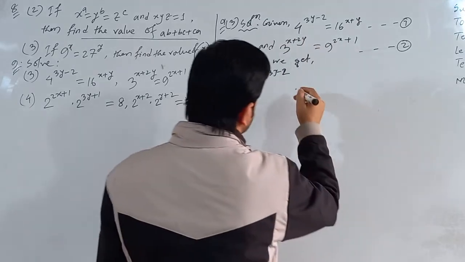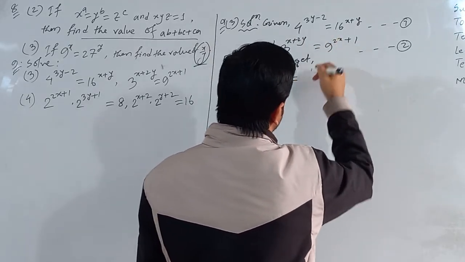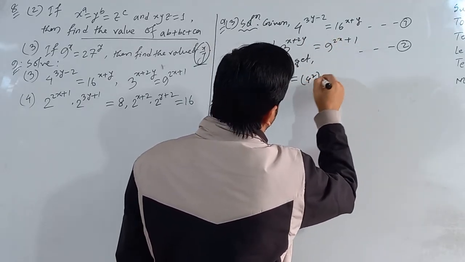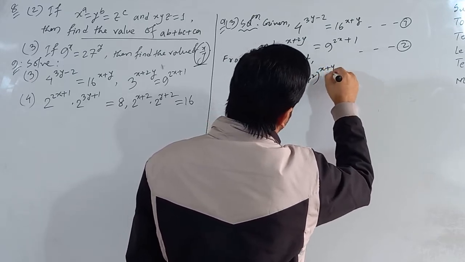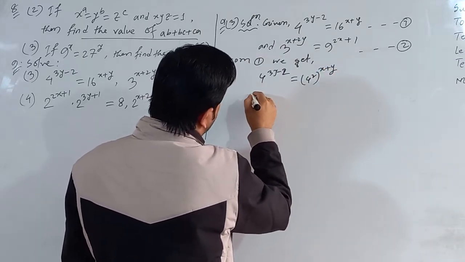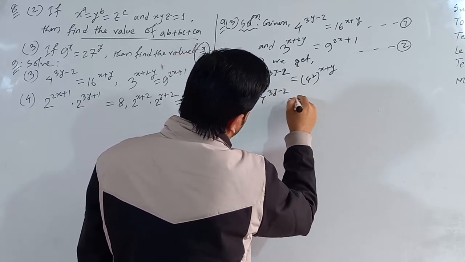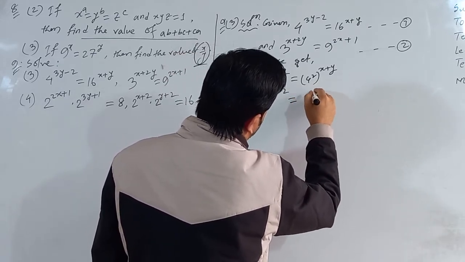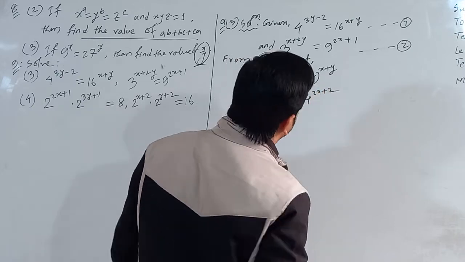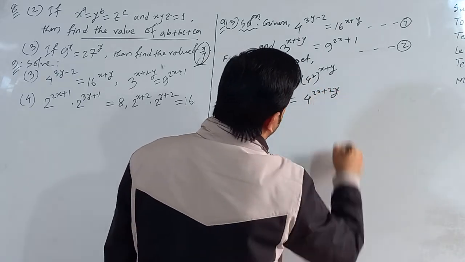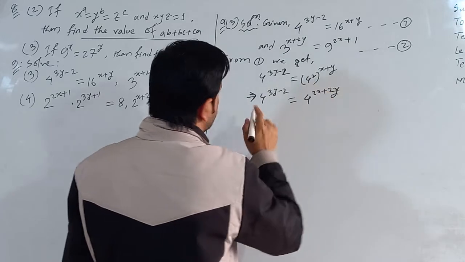In the right side we can express 16 as 4 square whole to the power x plus y. So now we can write 4 to the power 3y minus 2 is equal to 4 to the power 2x plus 2y, as here is x plus y.